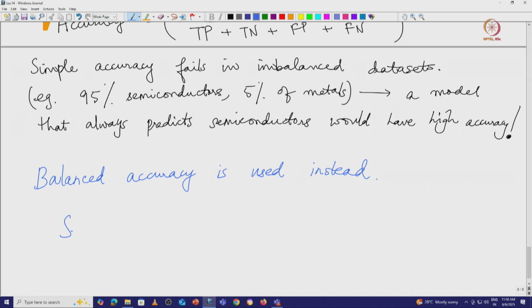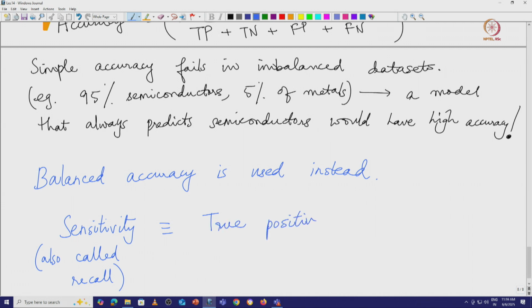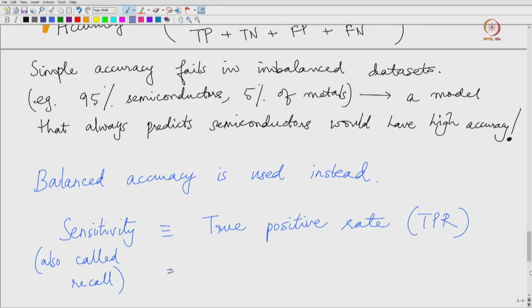There is sensitivity, which is also called recall, and is given as basically the true positive rate, shortened as TPR. This equals the true positives divided by the true positives plus the false negatives.